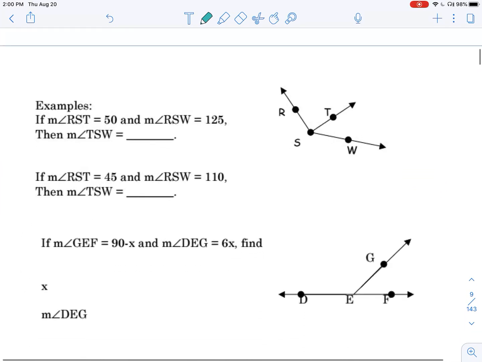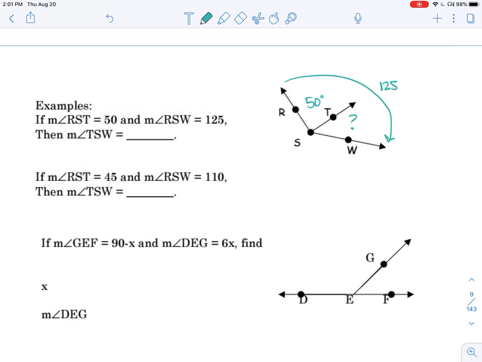So if we go ahead and list these out, the measure of angle RST is 50. And the measure of angle RSW, so that's this whole thing, is 125. What is this one? So if we do 125 minus 50, that will give us a value of 75 degrees.